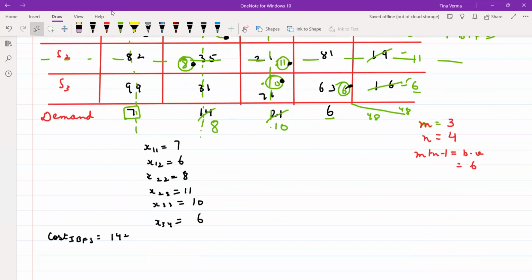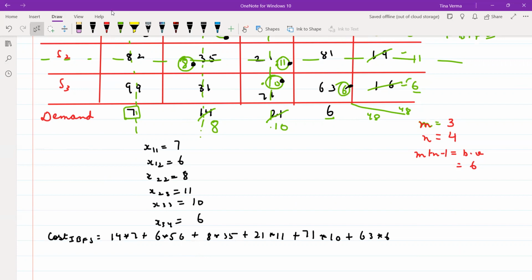So this will be 14 into 7 plus next will be 6 into 56 plus 8 into 35 plus 21 into 11 plus 71 into 10 plus 63 into 6. Is it clear? So this will be your cost for your initial basic feasible solution. Clear? In this way you will proceed.